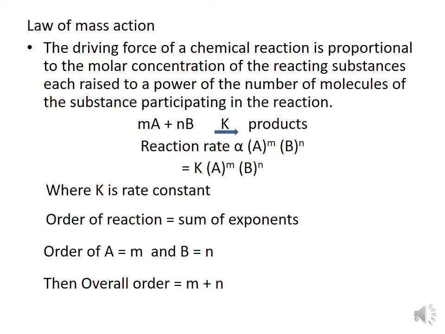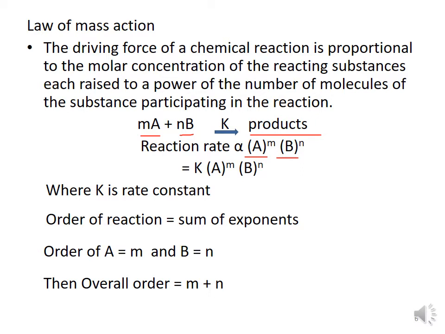If a reaction occurs between two reactants A and B to give a product, then the rate of the reaction is proportional to the concentration of the reactant A to the power m multiplied by the concentration of the reactant B to the power n, where k is a reaction rate constant.